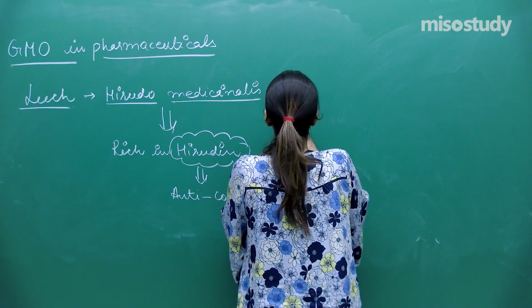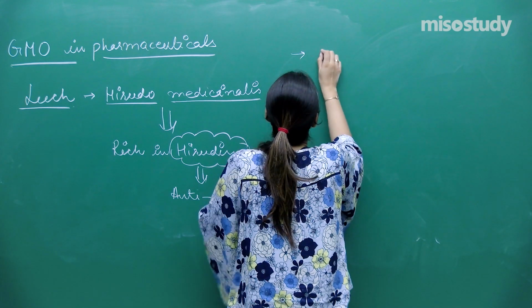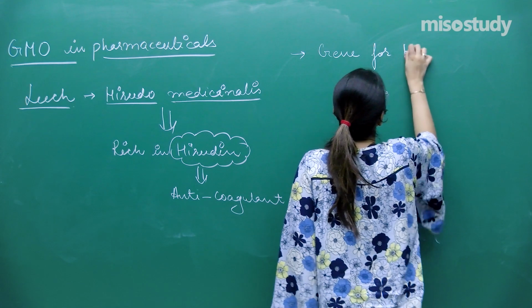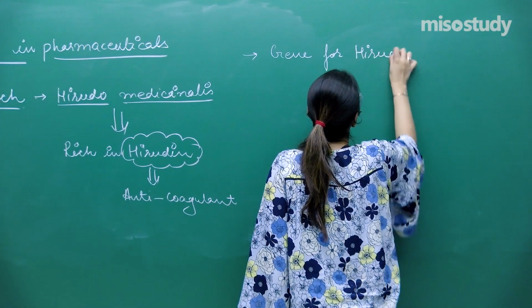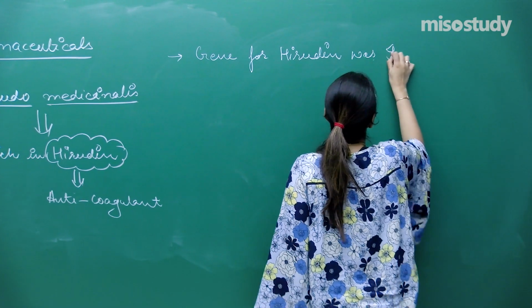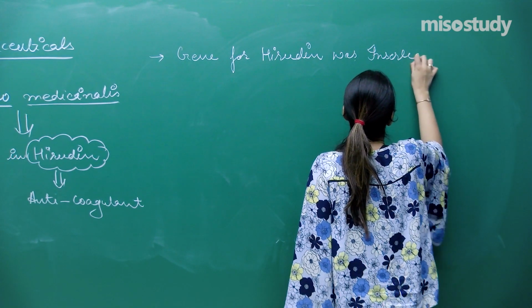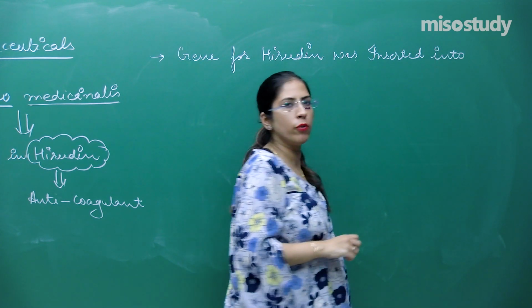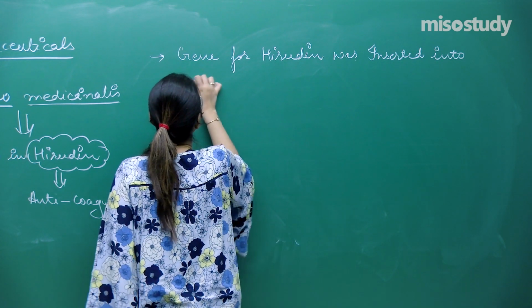So in this case, what was done? The gene for hirudin was inserted into the Brassica napus.